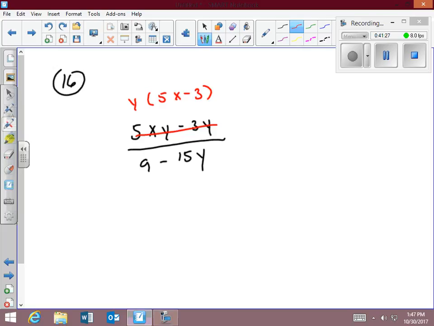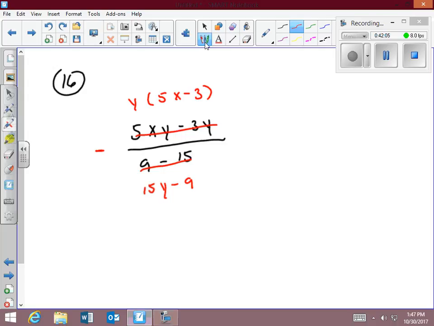Then you look at that denominator, and you say, if I switch that 9 and minus 15 around, pulling a minus sign out, thinking of it this way, 15x minus 9, I would have to have a minus sign out in front, right? This was supposed to be an x.